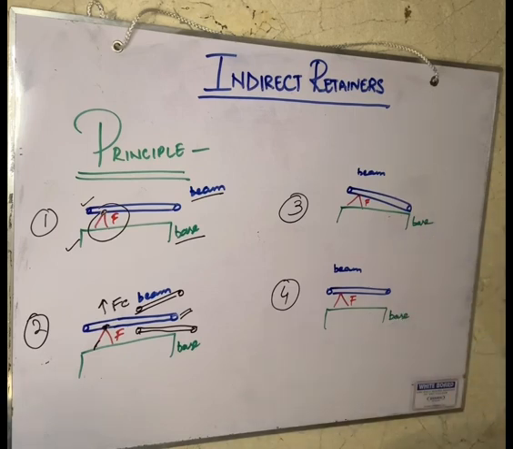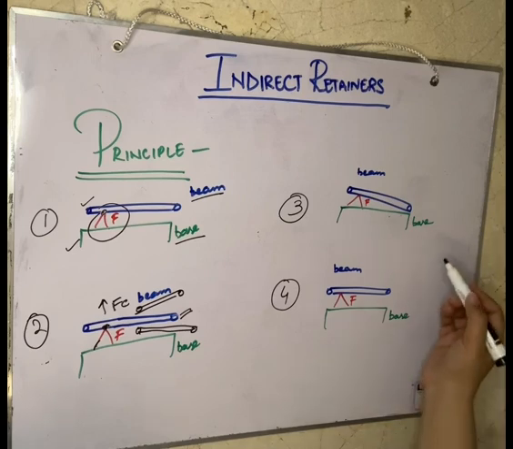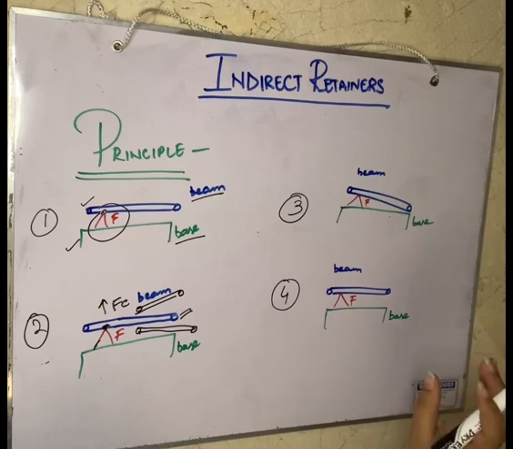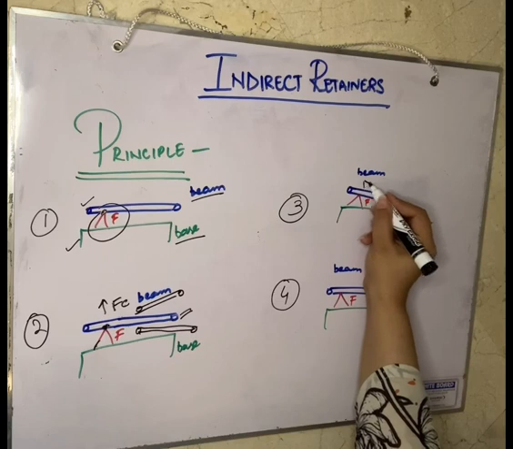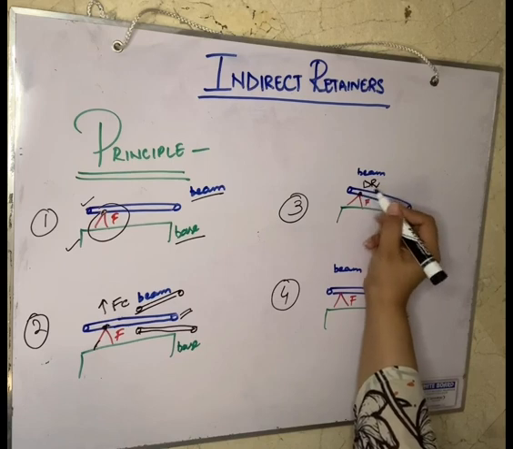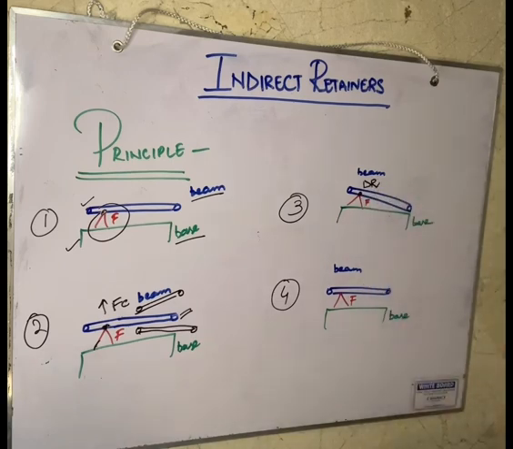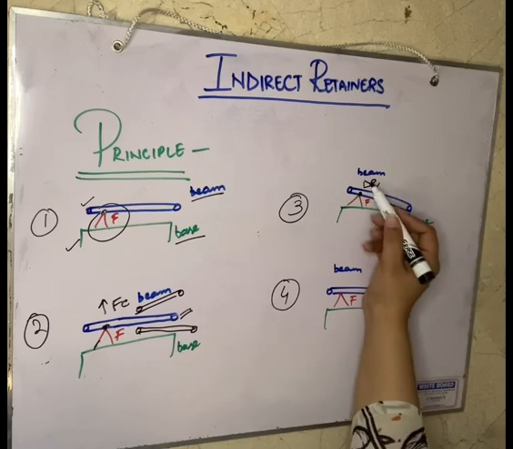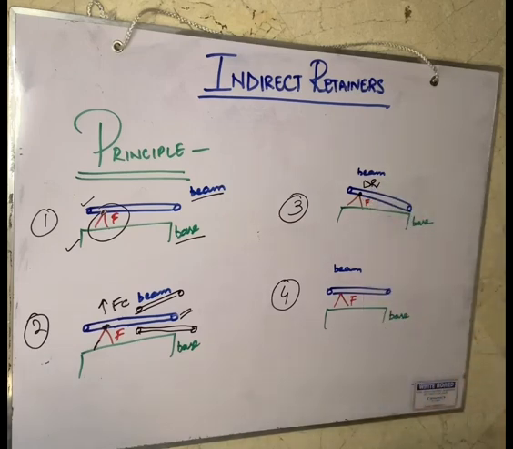So coming to figure number 3. To prevent the displacement or dislodgement, we can place the direct retainers on the fulcrum. This will be placed at the point contact of the fulcrum and the beam, and hence the direct retainer attaches the fulcrum to the beam.